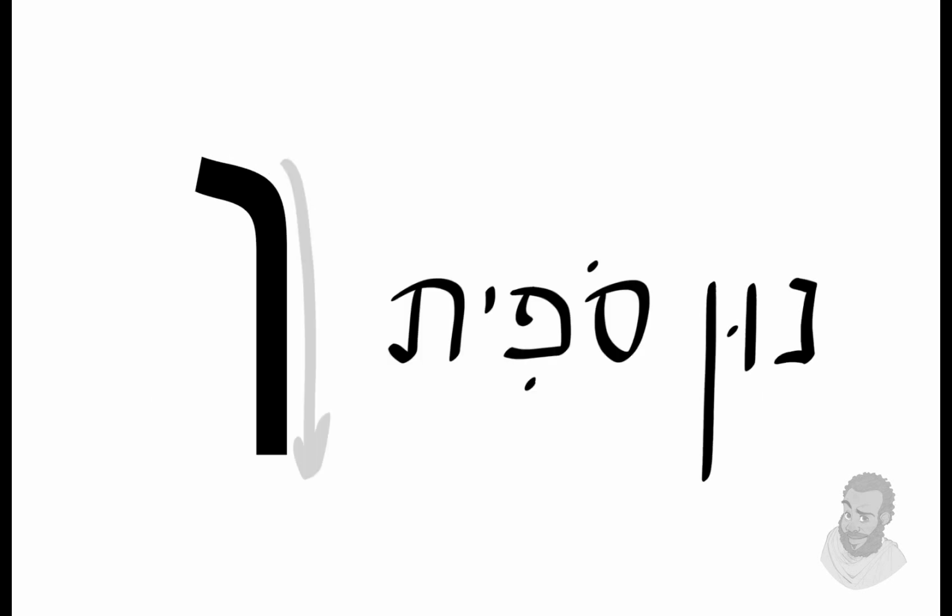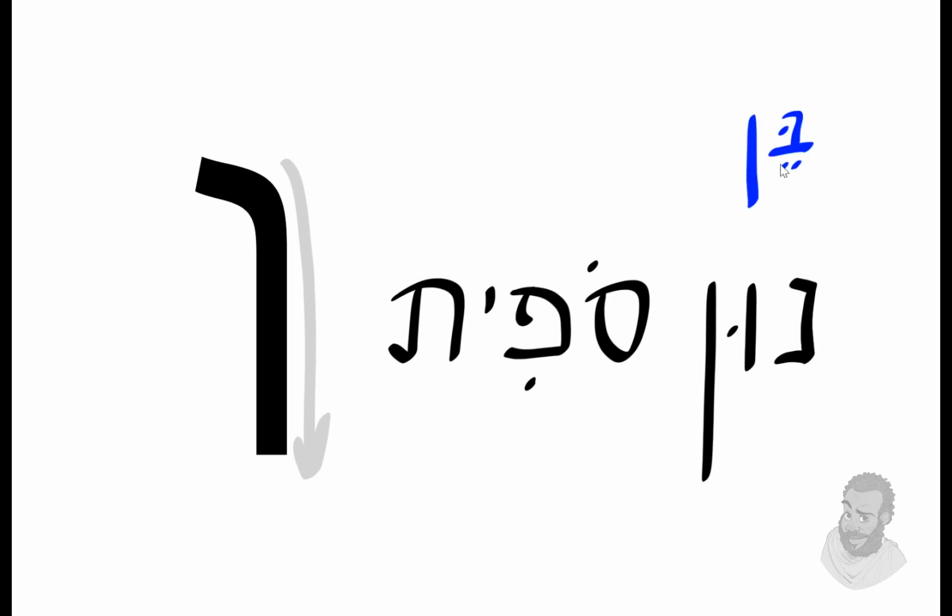Nun also has a sofith, and just like the mem, you put this at the end of words. Nun sofith. How do we write this? Just down. Straight down. You don't need the curve. You really don't. But again, that's a stylistic choice. Down.